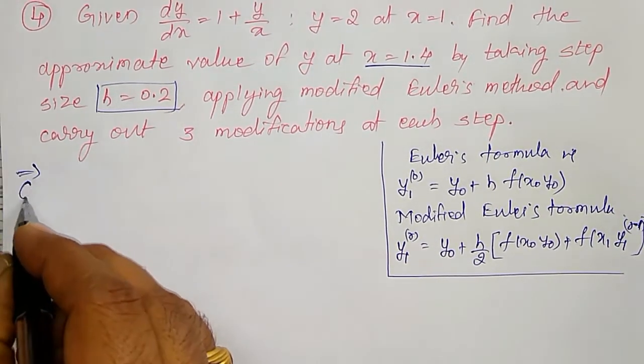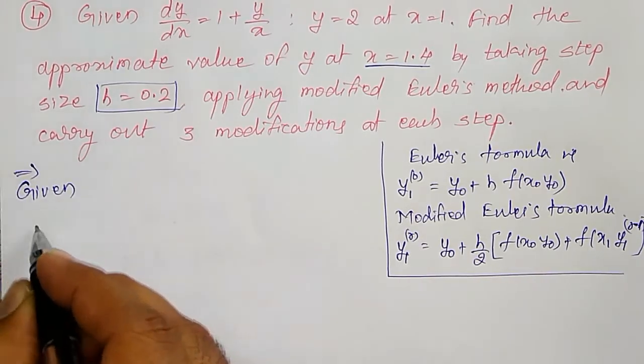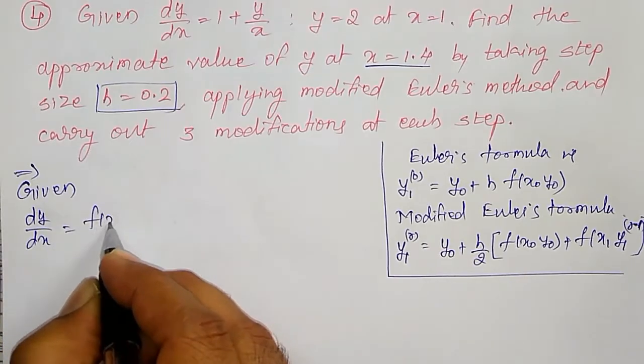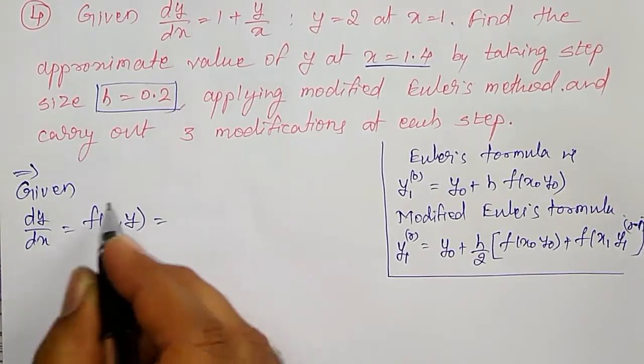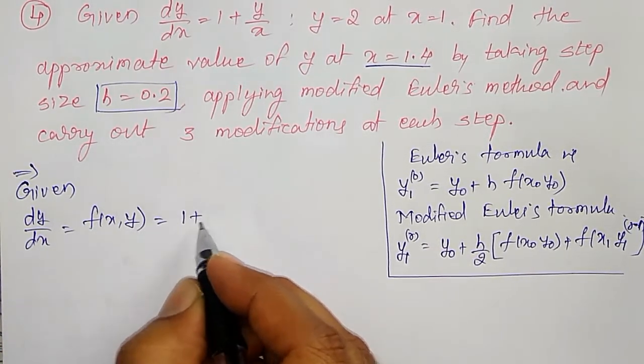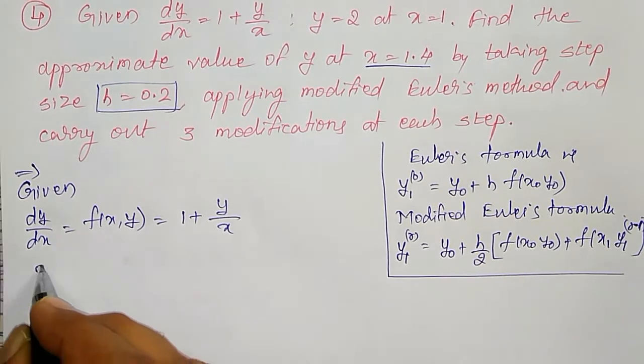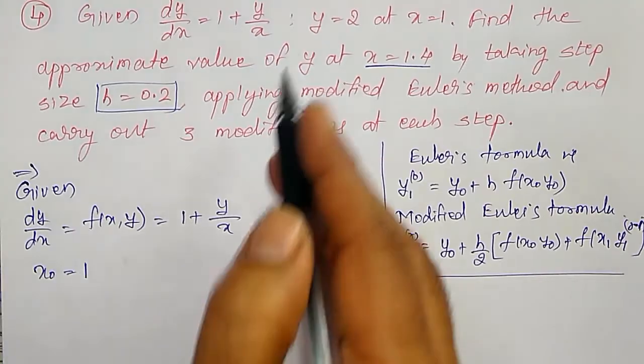Given dy by dx is equal to f of x, y, the function f of x, y equal to 1 plus y divided by x, and x0 is equal to 1.